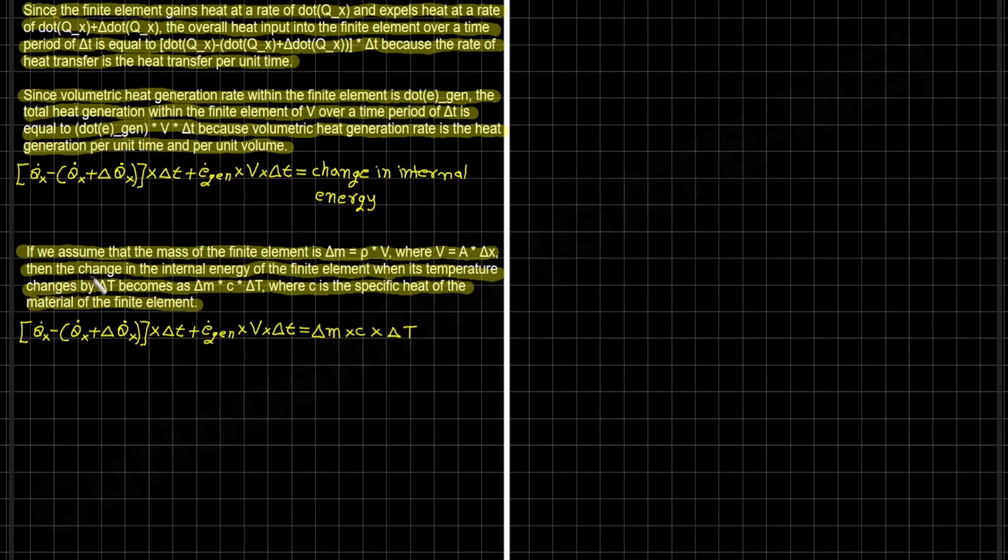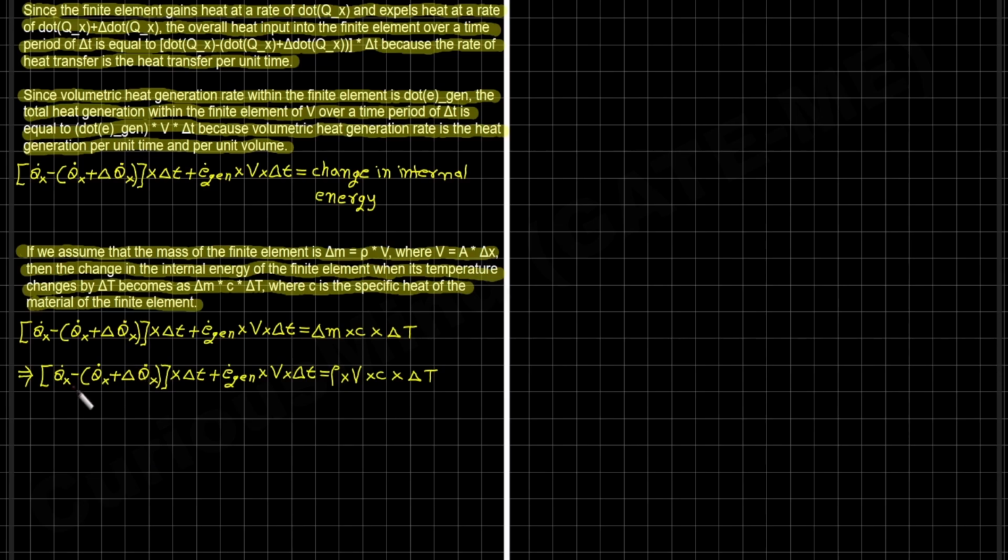So after plugging in the expression of the change in the internal energy of the finite element into this expression, we get this expression. All right. Now we will plug in the expression of the mass of the finite element, which is equal to rho times V.